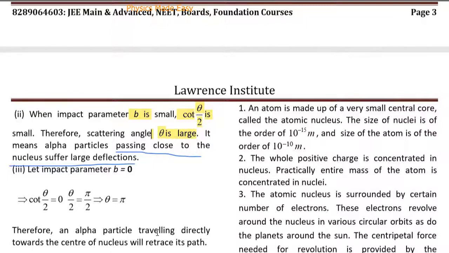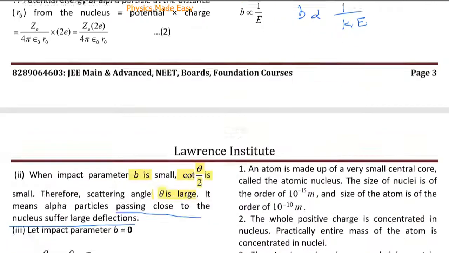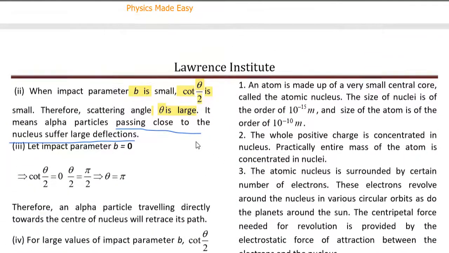Will suffer large deflection. Again, if B is small, it means cot theta by 2 should be small. Cot theta by 2 is small for large values of theta. Why?